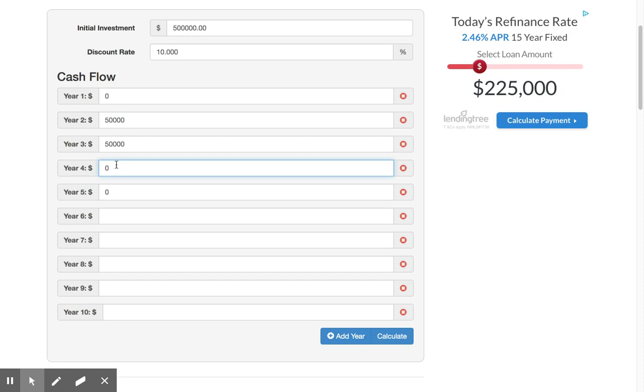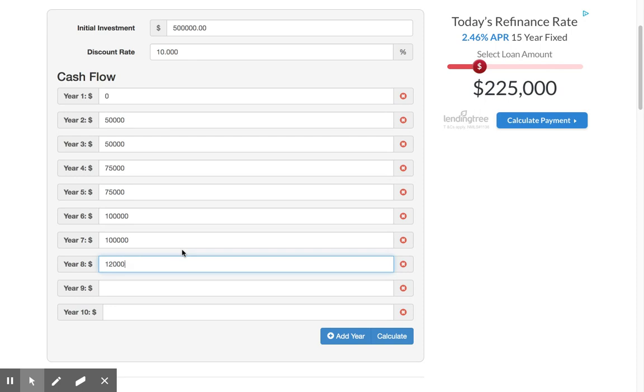50,000 the third year, 75 and 75, so 75 and 75. In year 6 and 7, we have 100,000. So this is the cash flow generated from the business that's coming in each of these years.